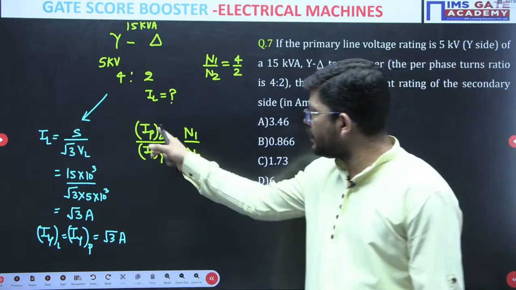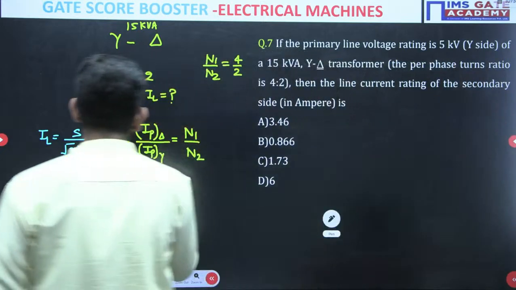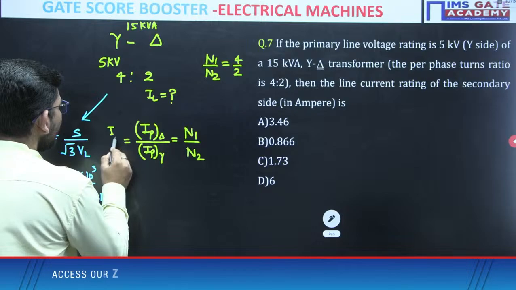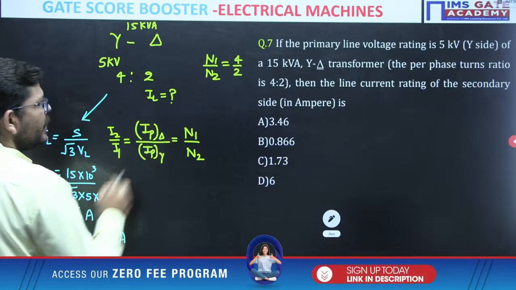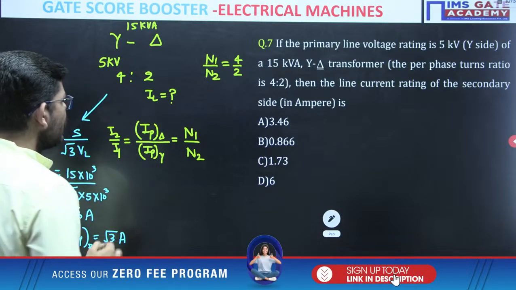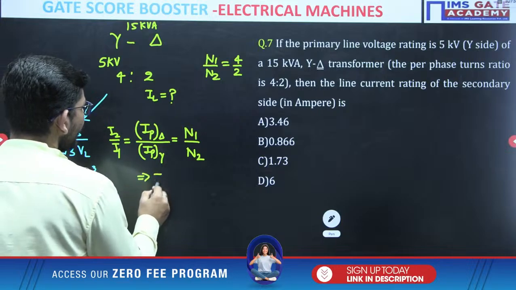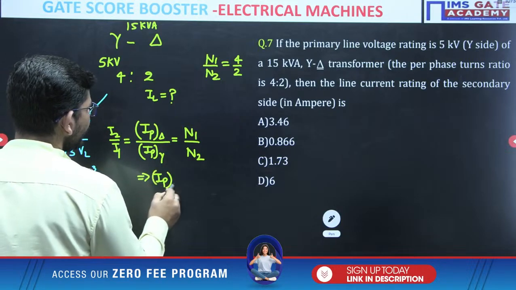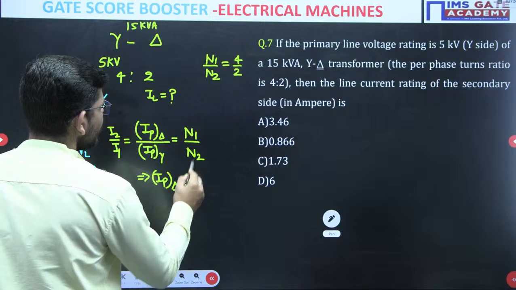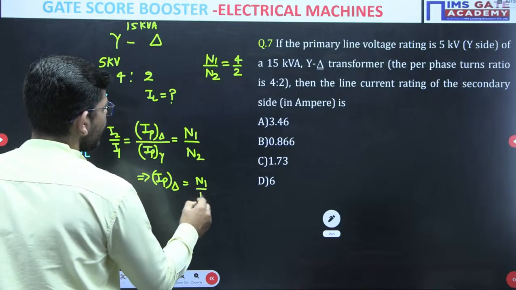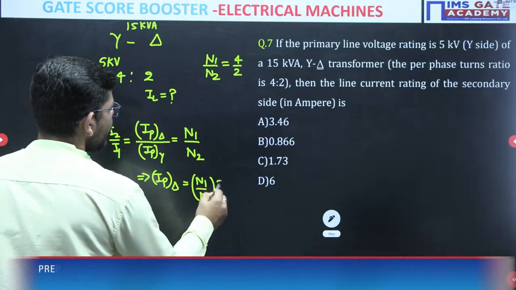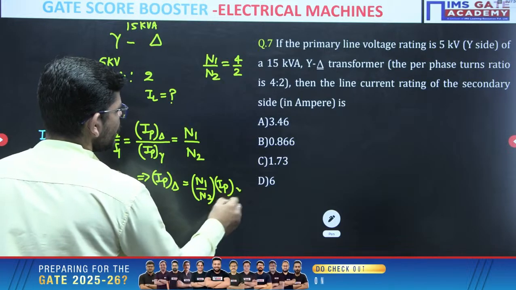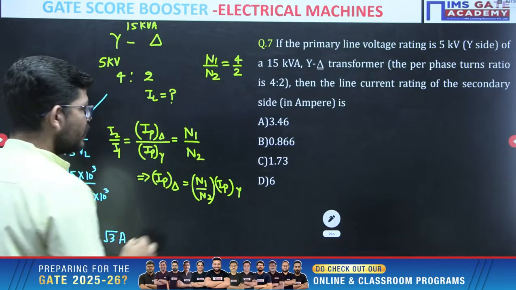I2 upon I1, the secondary side current ratio, will be N1 upon N2. Now when you calculate the phase delta current, it will be N1 over N2 into the star side phase current, correct.